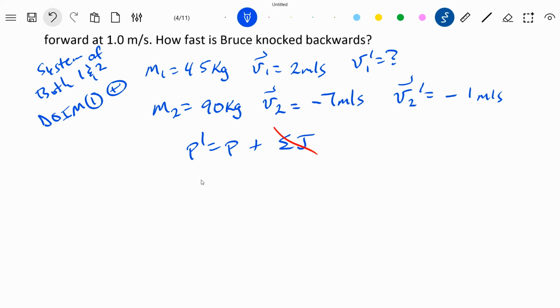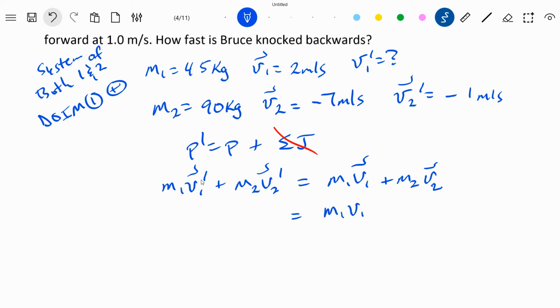So M1V1 prime plus M2V2 prime is equal to M1V1 plus M2V2, vectors for all the velocities. We're looking for V1 prime.